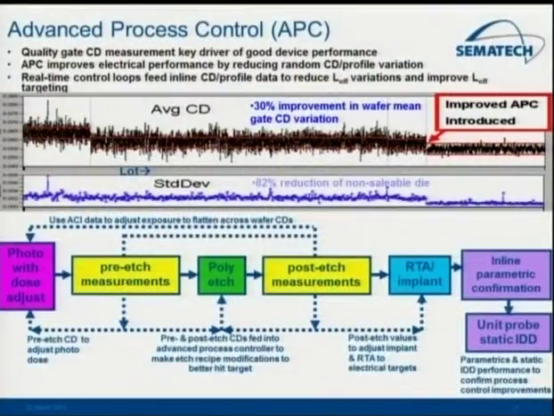Now, an example of how you can use metrology in action. One thing that can be done is advanced process control, where you take measurements and you directly feed back those automatically to the process to change and make adjustments as you go along. So it's effectively steering as you're driving down the road.